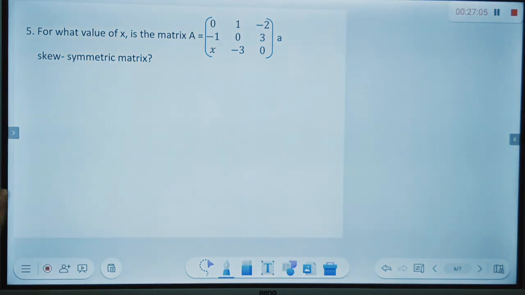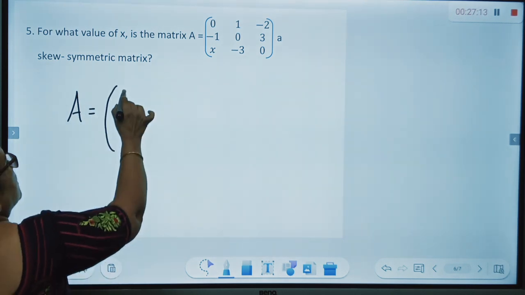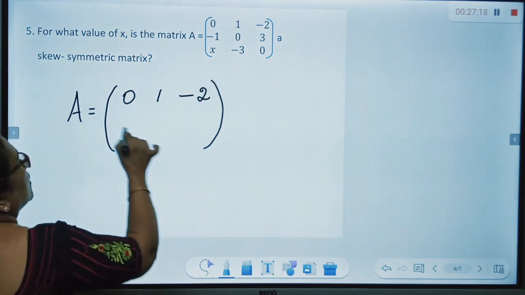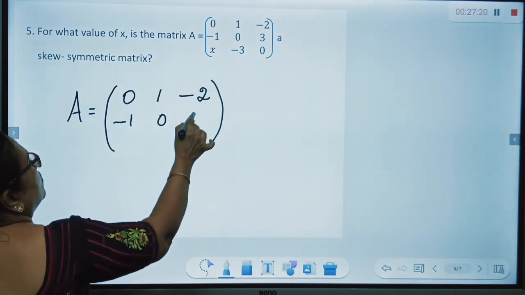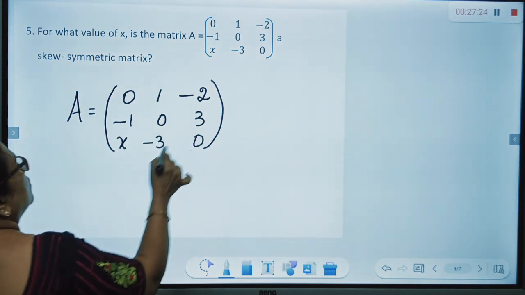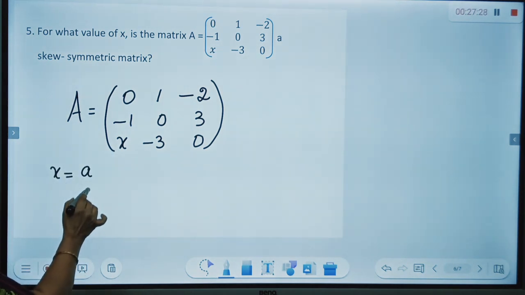So for what value of X is this matrix a skew symmetric matrix? We'll call this matrix A: 0, 1, minus 2, minus 1, 0, 3, X, minus 3, 0. So what is X by virtue of its position?